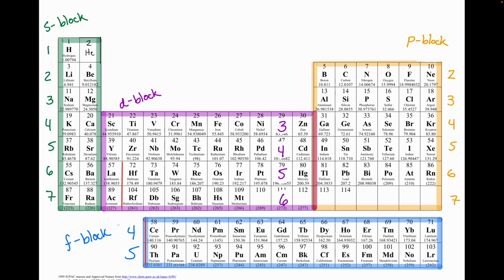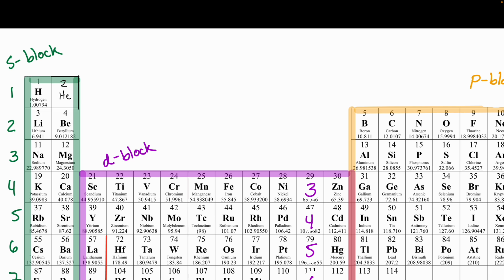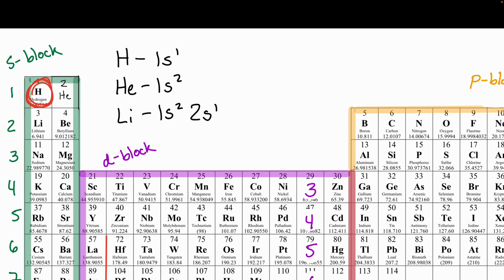All right, so given that we just cut up the periodic table like this, let's go back and revisit those electron configurations that I said you were just going to trust me about. Hydrogen was 1s1, helium was 1s2, and lithium was 1s2, 2s1. If we look at hydrogen on our periodic table, we'll notice that it is the first element in that 1s row.